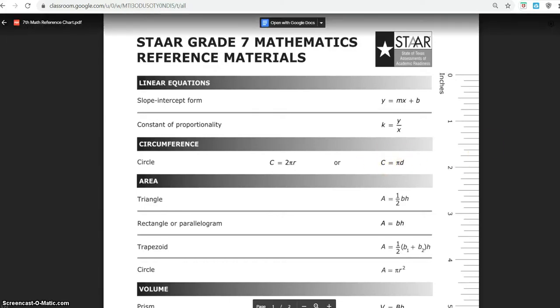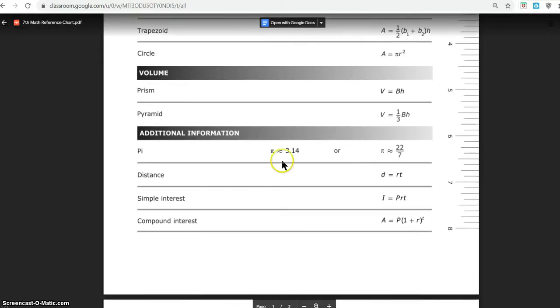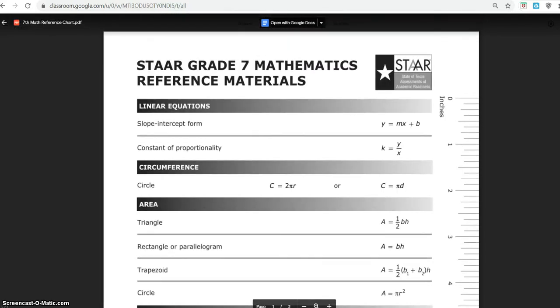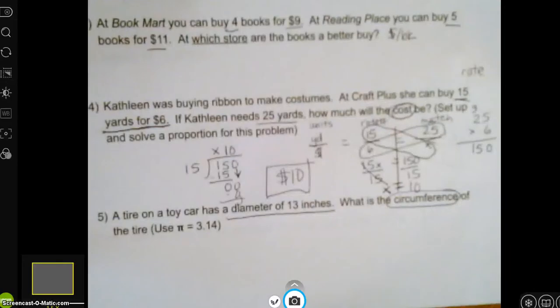And remember, we don't want to let pi scare us. It's right here. It tells us what to use, 3.14. And it also says it in the problem. I noticed that they normally do that when testing. They tell you what they want you to use for pi. So we're going to write down C equals pi d.